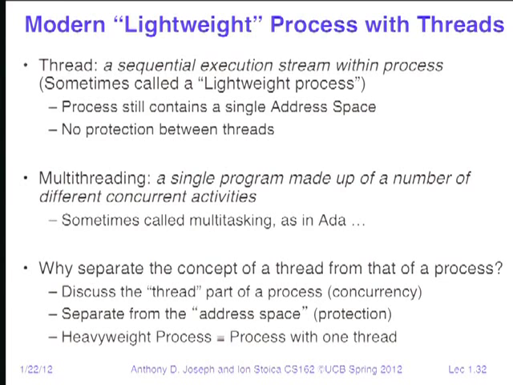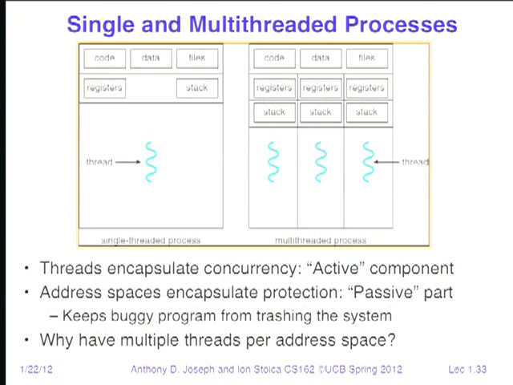Looking at the difference between single and multi-threaded processes, on the left we have our single-threaded process. We have our single thread, with registers and stack associated with that thread. Then we have our code, data, and files, and heap, and stack, and so on. On the right, we have a multi-threaded process with multiple threads.